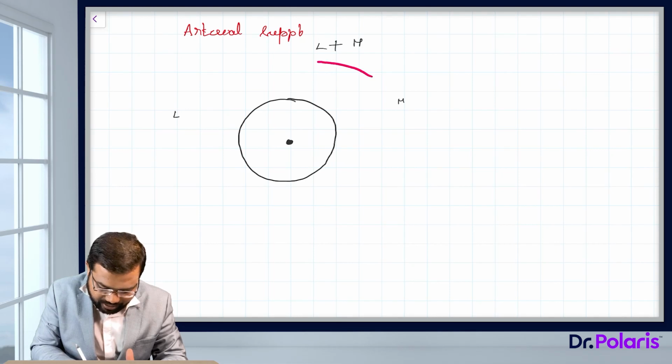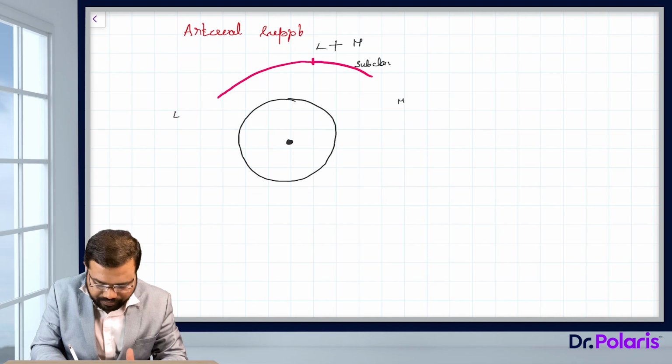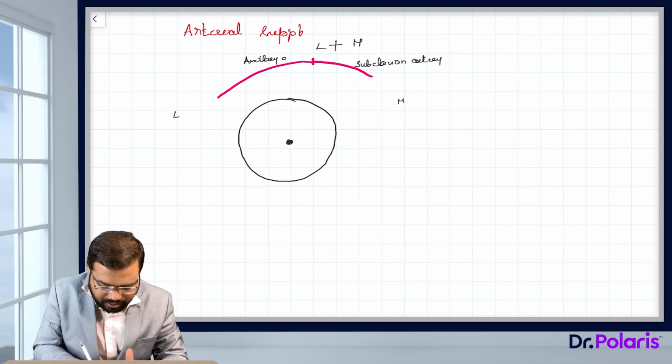Let's imagine this is the subclavian artery, which will continue here as the axillary artery, right? From the subclavian artery, one branch descends, called the internal thoracic artery.